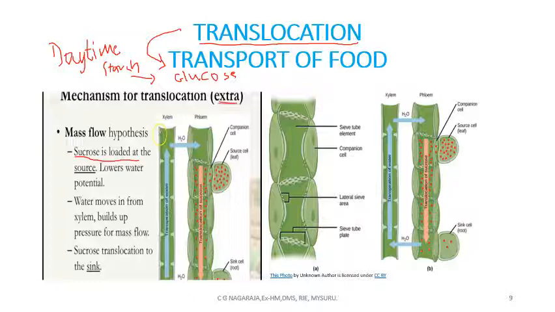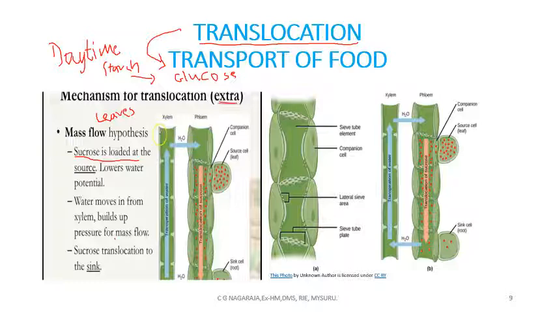Source means the leaves. All the leaves will have sucrose by night times, and this sucrose dissolves in water. It dissolves in water and the concentration becomes more, and then because of this there will be a difference in the concentration. Water starts moving from place to place, and as the water moves, it builds up the pressure.